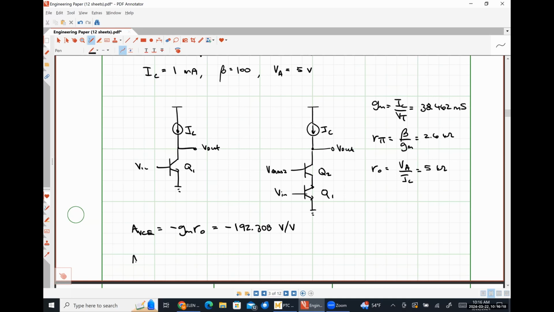For our cascode, where we're going to use negative gm squared ro times ro in parallel with rπ, if we substituted in our numbers, we would get negative 12,651.822 volts per volt approximate. Or about 66 times larger.